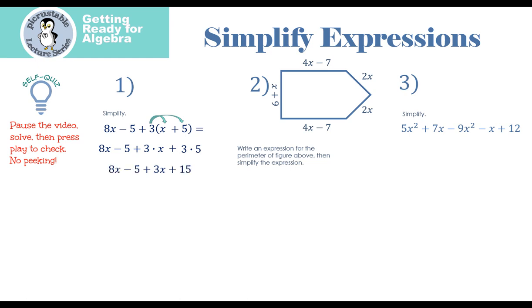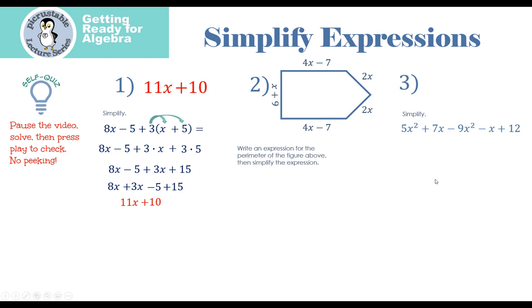That gives us 8x minus 5 plus 3x plus 15. Let's put like terms next to each other. We'll have 8x plus 3x, negative 5 plus 15. 8x plus 3x is 11x, minus 5 plus 15 is plus 10. So when you simplified it, hopefully you got 11x plus 10.